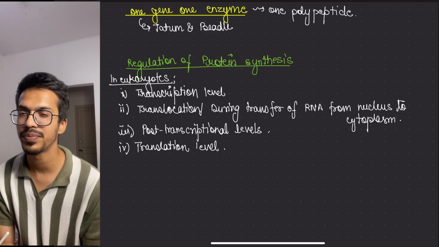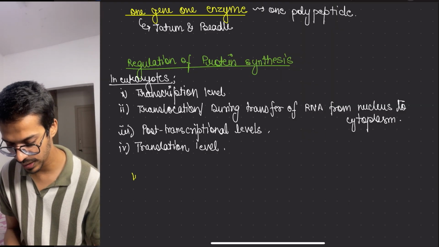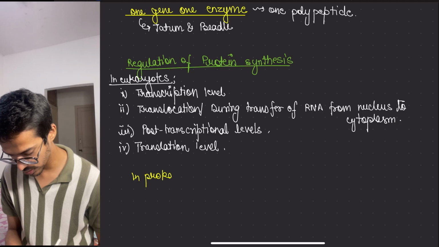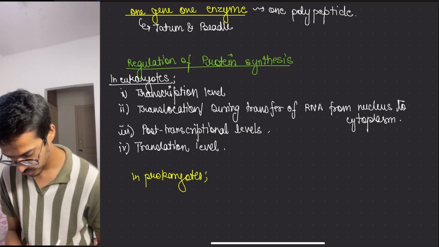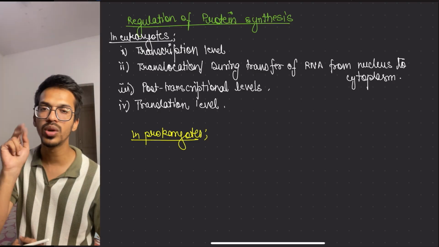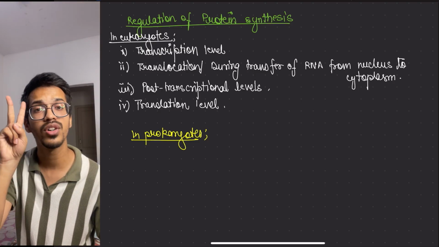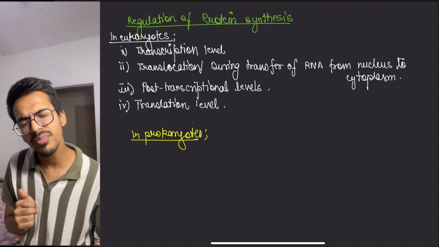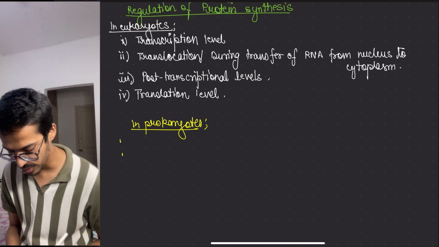But now think, what about the prokaryotes? In prokaryotes, we can only do it at 2 levels. One is the transcription level and the other is the translation level. Why not the 2 in between? Let's try to discuss.